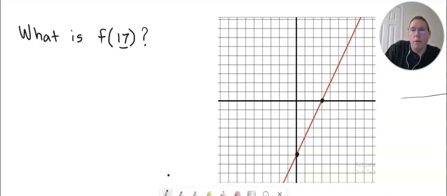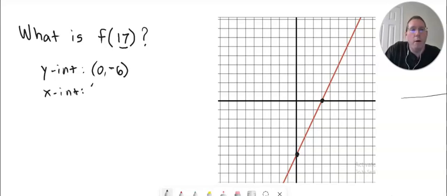It looks like the y-intercept is 1, 2, 3, 4, 5, 6, negative 6. So the y-intercept is (0, negative 6).